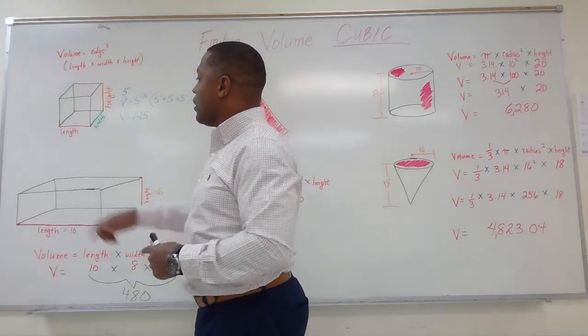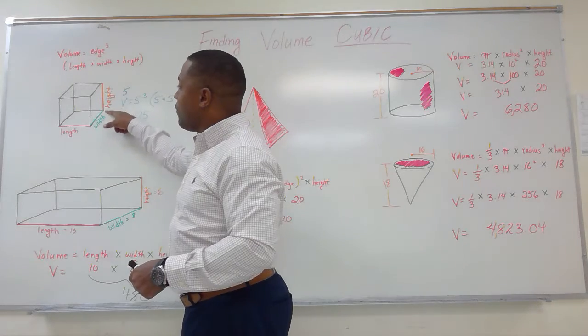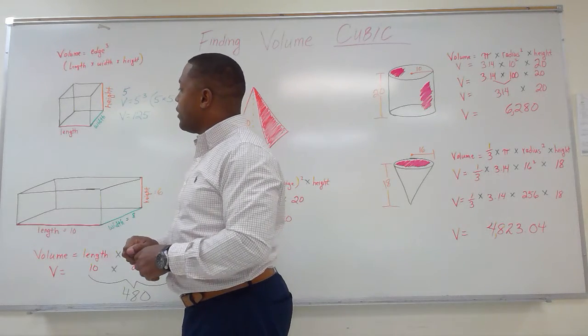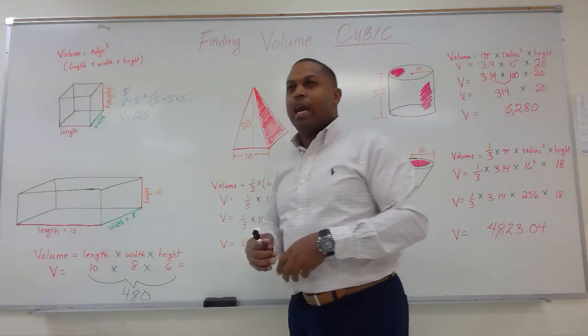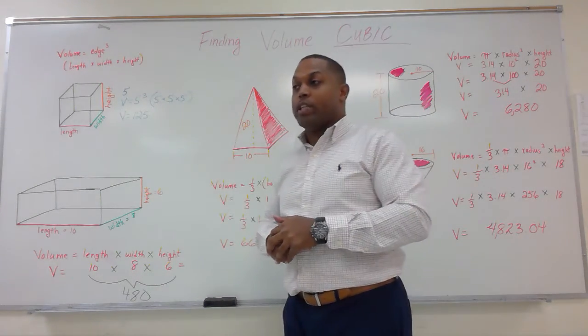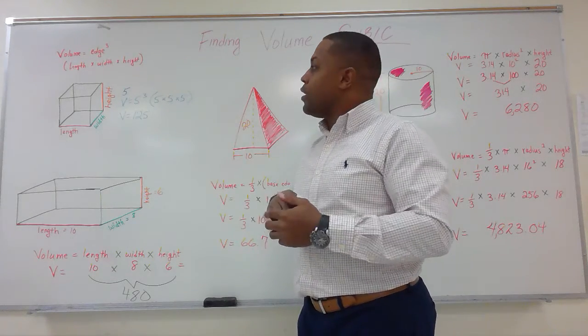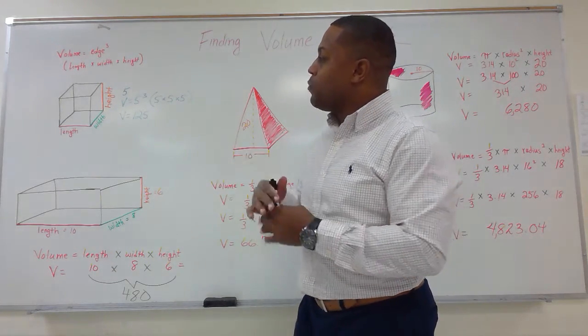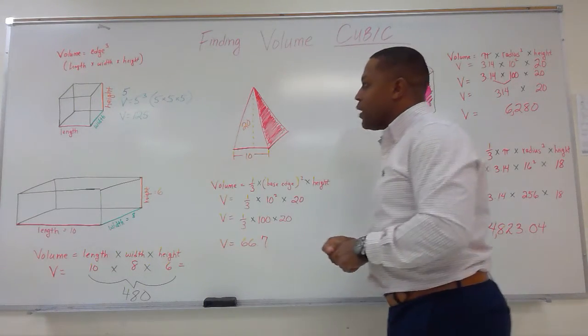Length here in pink, we have the dimension of width there, and height. As you know, in an area situation, we only have two dimensions, base and height, or length and height, but now we've added width, and for that reason, we're doing volume.